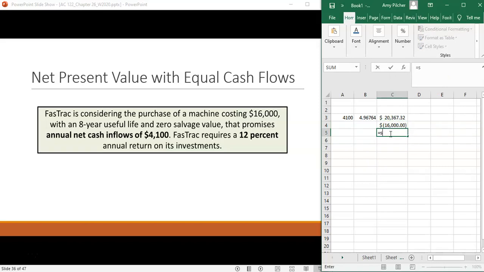So if we subtract those two numbers, that gives us a net present value of $4,367. It's a positive net present value, so that tells us that this investment meets our required 12% annual rate of return, and we're going to recoup our $16,000 investment plus additional money.